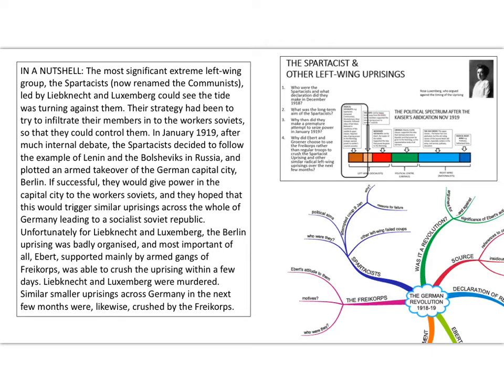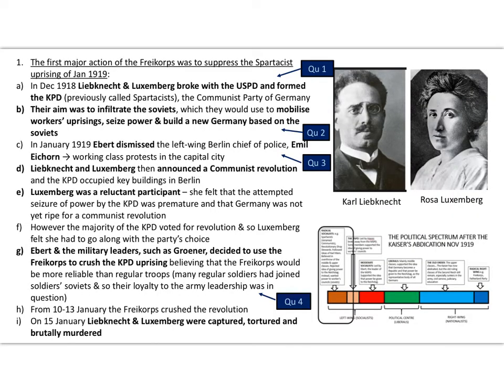And in a nutshell, the failed Spartacist uprising of January 1919 and the failed other left-wing uprisings that followed in the spring of 1919, plus the details.